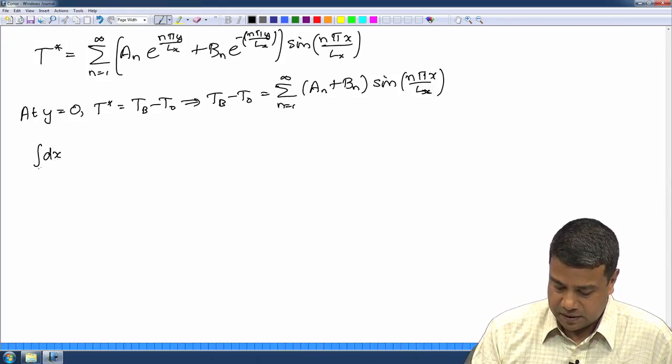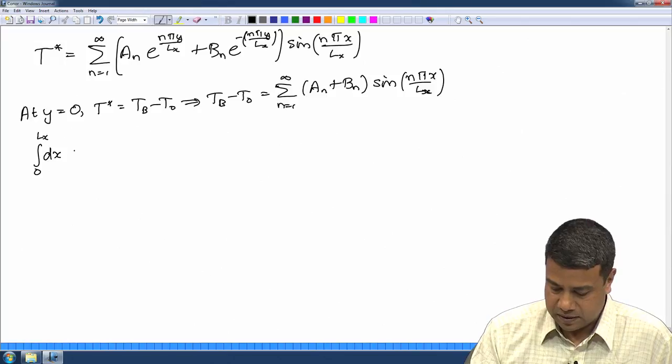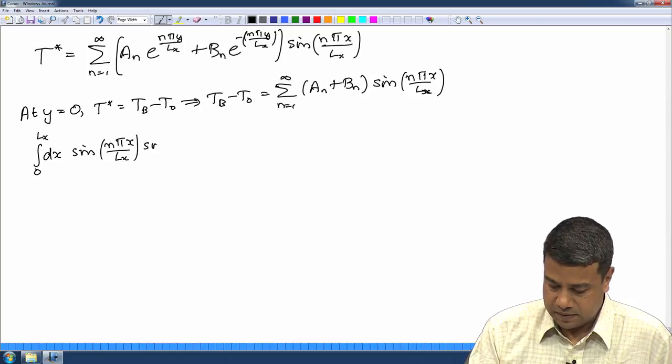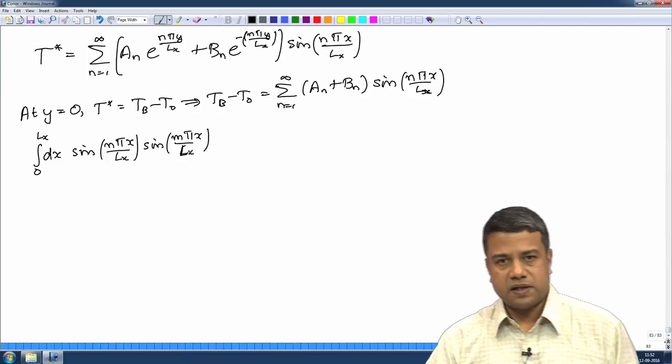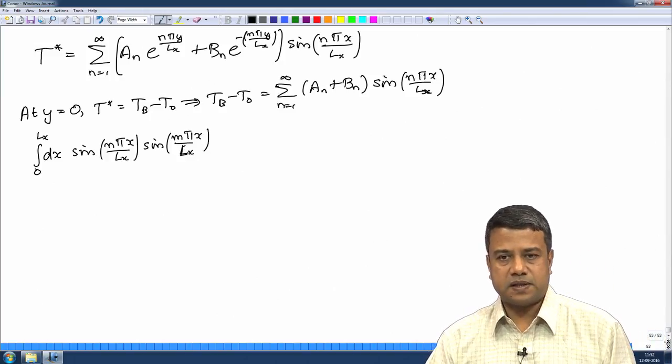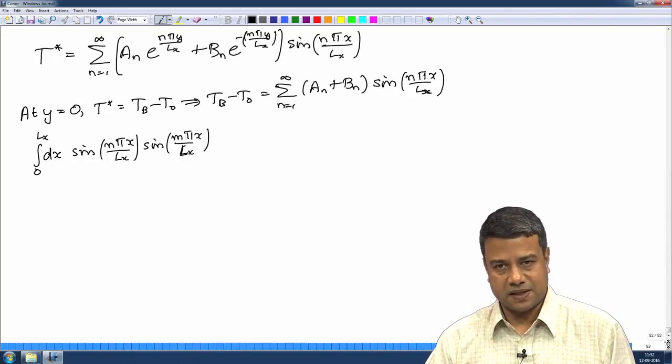Integral dx from 0 to Lx of sine of n pi x by Lx times sine of m pi x by Lx. Previously we had expressed it in terms of x star, so x was basically x over Lx.